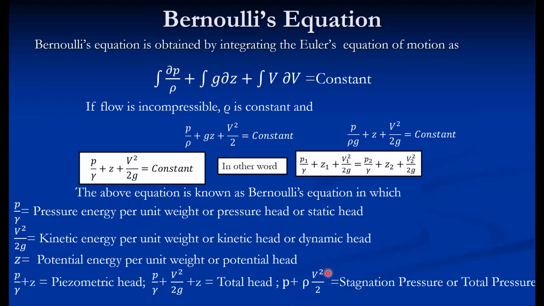So it becomes rho V square by 2. This combined quantity is called the stagnation head, or stagnation pressure or total pressure, because this is a pressure quantity. This is called the dynamic pressure, and this is called the static pressure. So the addition of static pressure and dynamic pressure is called the stagnation pressure, the total pressure.